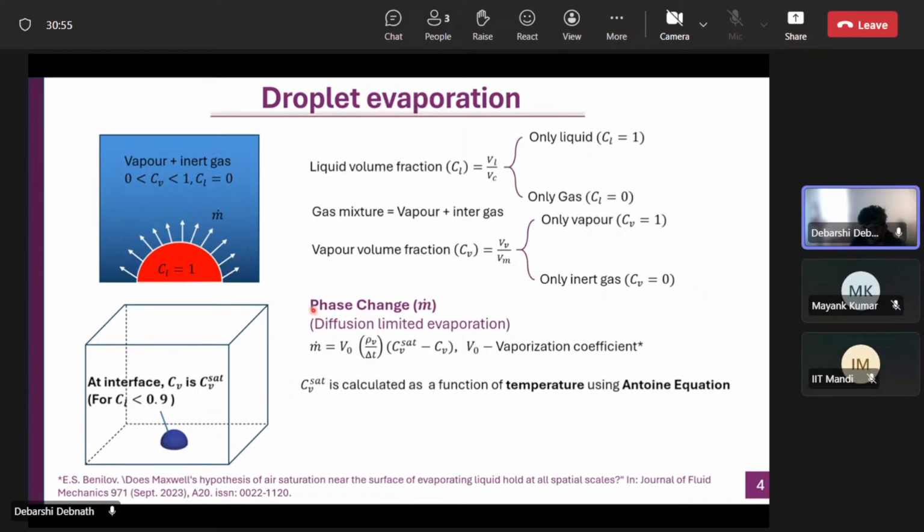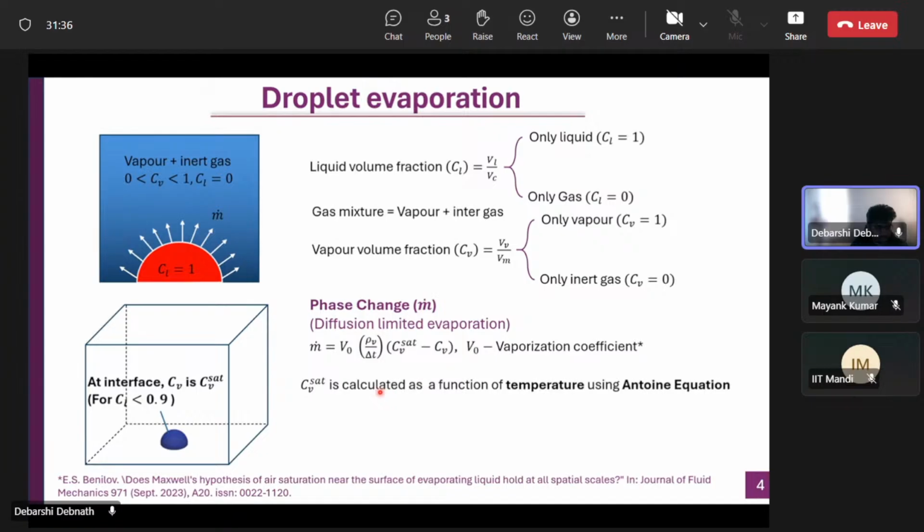It's a diffusion limited evaporation model, which is very simple, where you calculate the mass flux converting from liquid to vapor with the difference of concentration, in this case the vapor fraction at the saturated state and in the gaseous mixture. With this formulation, you can calculate how much it changes with temperature, since we have a heated surface and we also solve the energy equation.